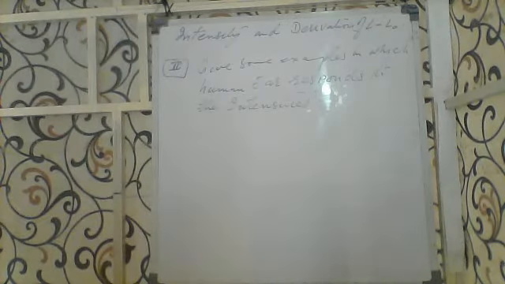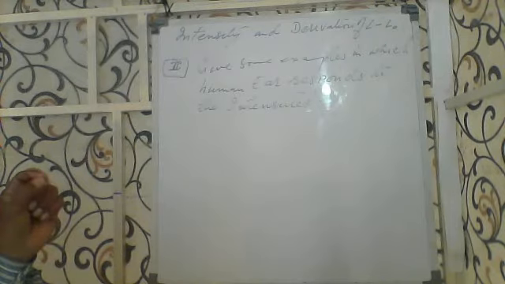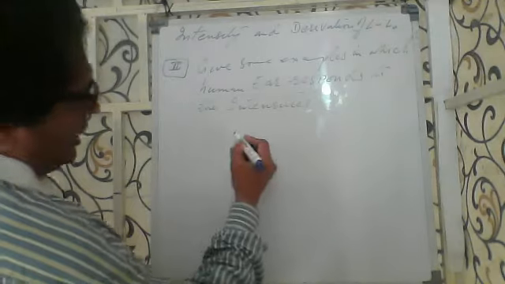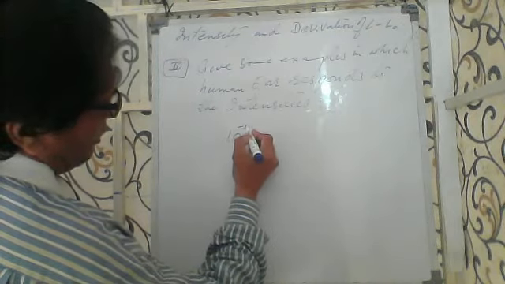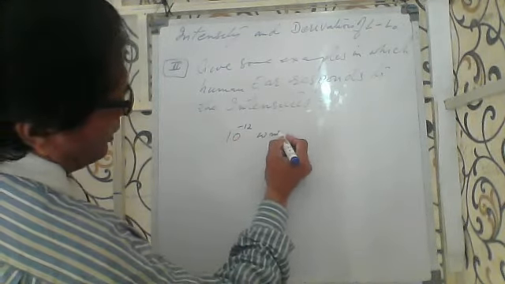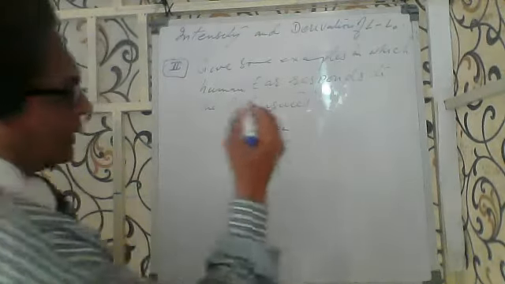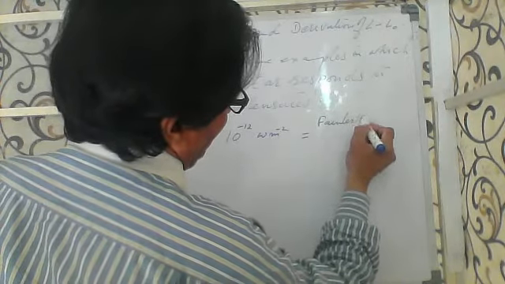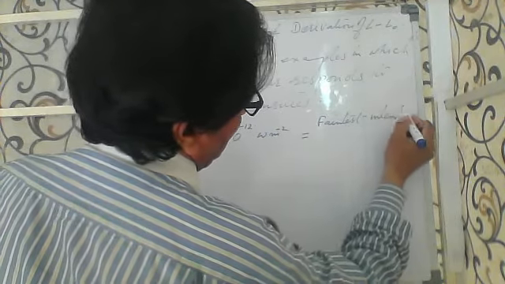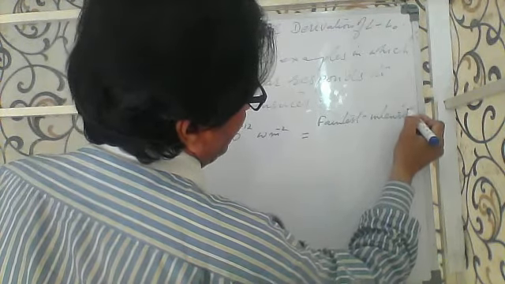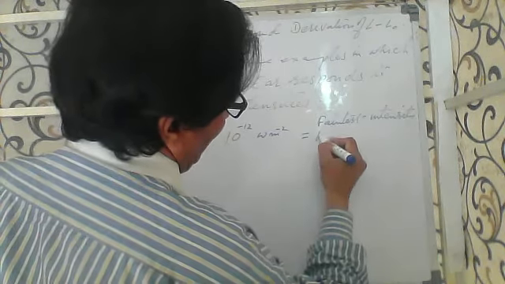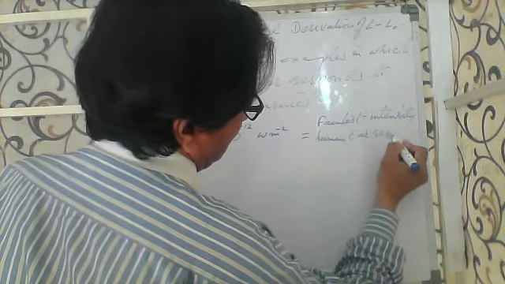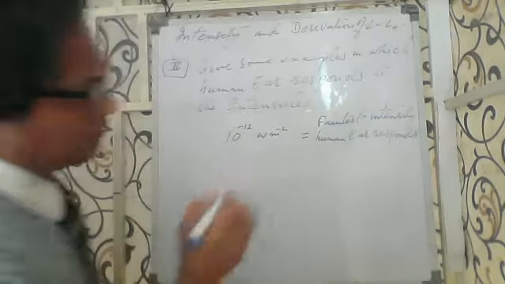We will start from the beginning level of intensities, and that is 10 raised to power minus 12 watt per meter square. It is basically the faintest intensity to which the human ear responds.